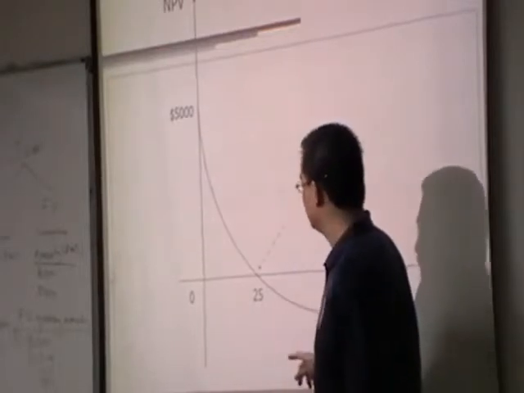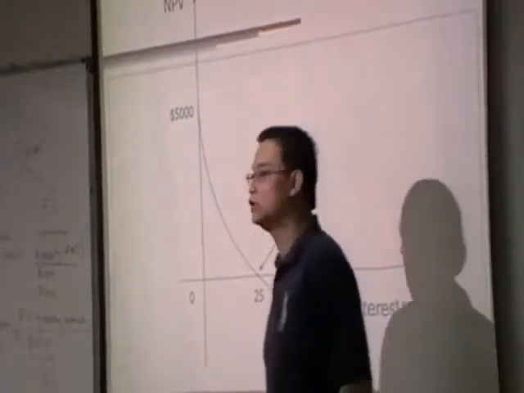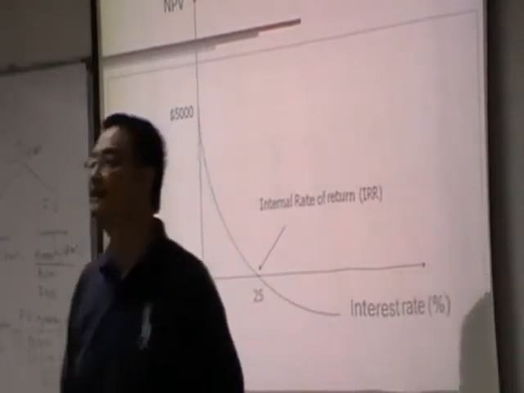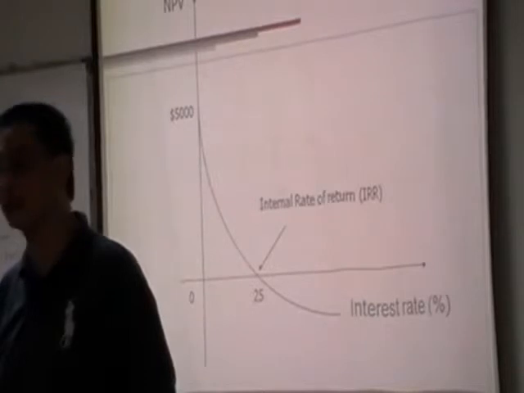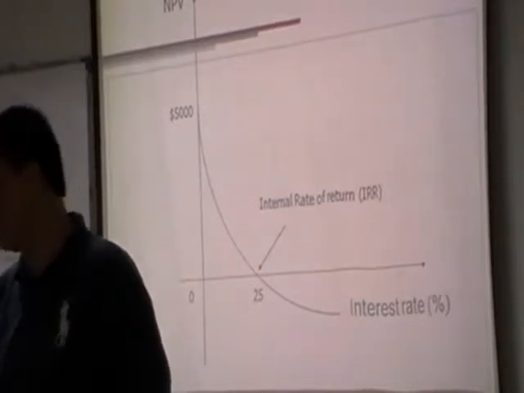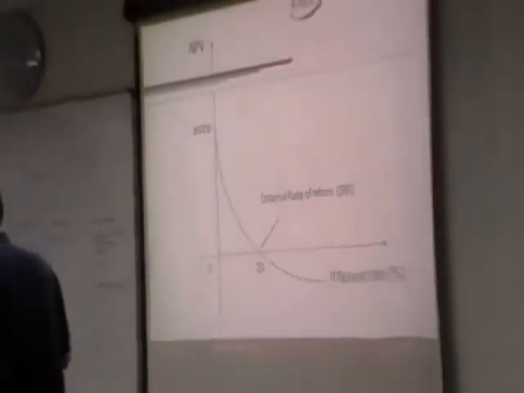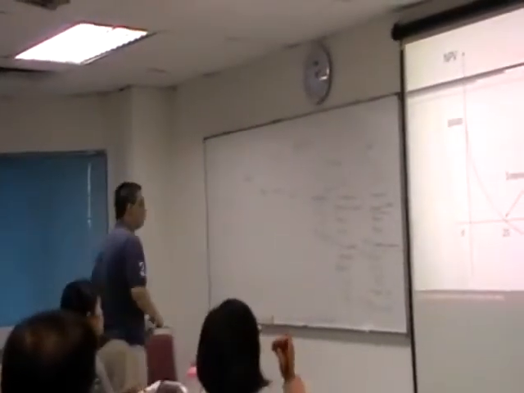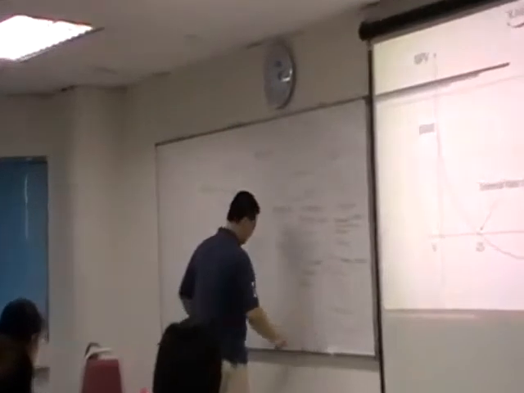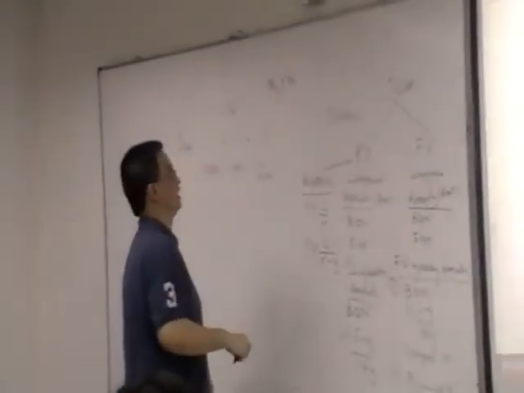Now, this 25% return is also better known as the internal rate of return, IRR. Very important, the fundamental rule you must take note of in IRR. Now this one is the cash flow method.